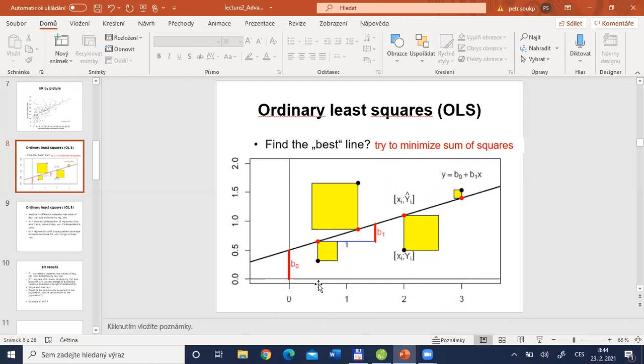And of course, you don't need to believe me. You can find mathematical proofs, maybe also on Wikipedia, I guess. But if I compute this correlation for these real values and estimated values, it is the same correlation as the correlation between the independent and dependent variable.